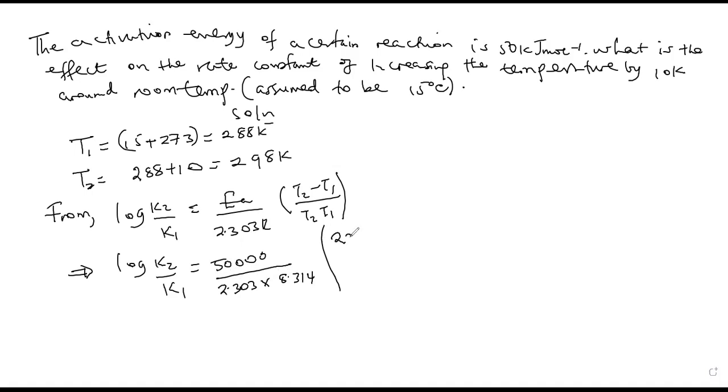Temperature 2 is 298 minus temperature 1, which is 288. Everything out of T2, that is 298, times T1, which is 288.